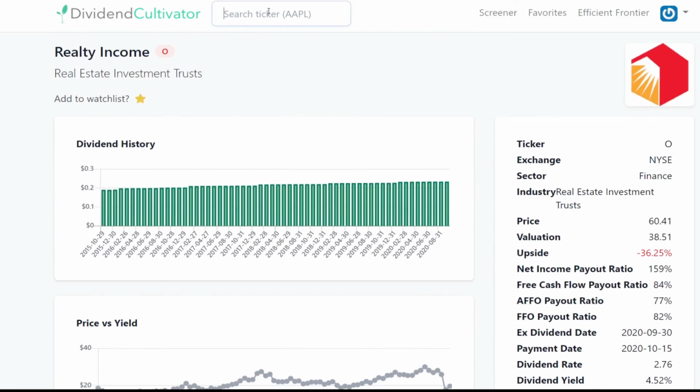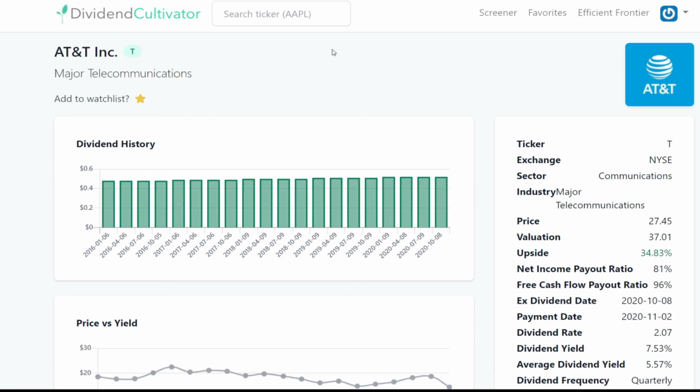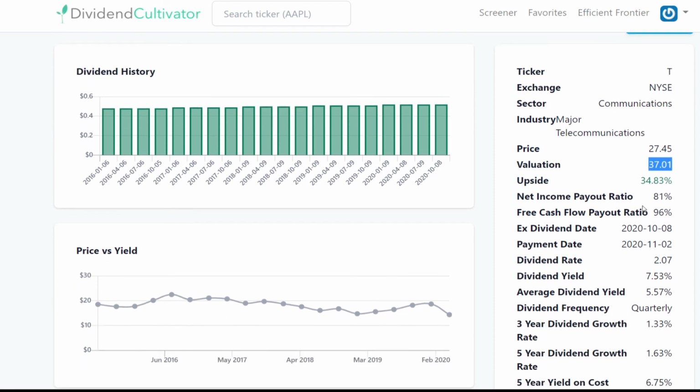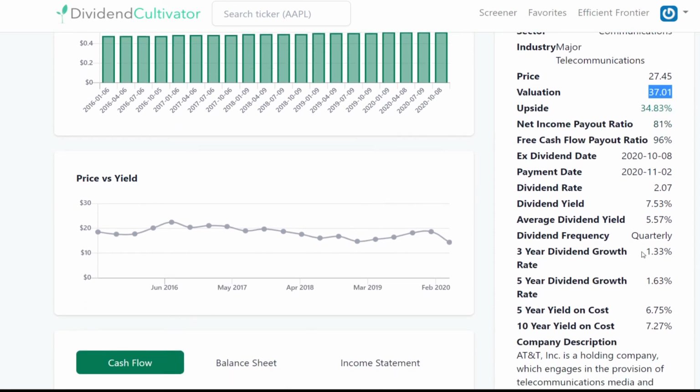And then the last one I wanted to show real quick was AT&T. And it does say they're undervalued. The big 5G coming up, that's really pushing all these cell phone companies up as far as valuations. But the dividend growth rate is not real high.